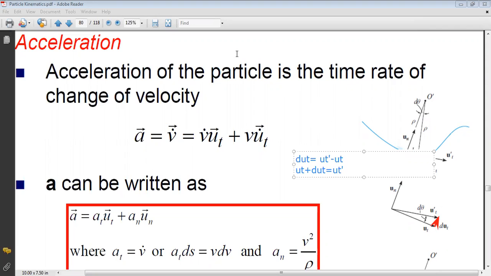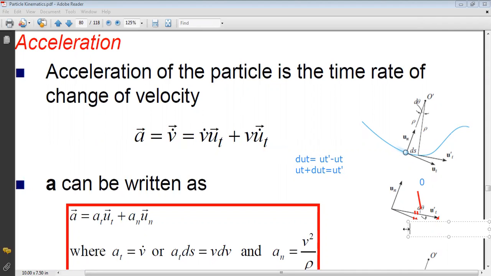d theta is a very small angle. So d theta is nearly equal to what? This angle is nearly equal to 0. Since this angle is nearly 0, and ut and ut prime are unit vectors, this line's magnitude is equal to this one, and it's equal to 1 because ut is a unit vector.